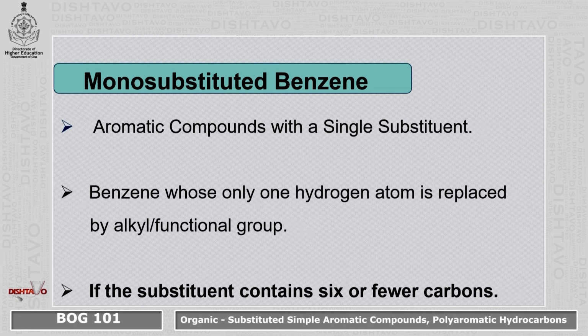Monosubstituted benzene. That means in these aromatic compounds, we have a single substituent. Benzene, whose only one hydrogen atom is replaced by an alkyl or functional group. If this substituent contains 6 or fewer carbons, it is called monosubstituted benzene.